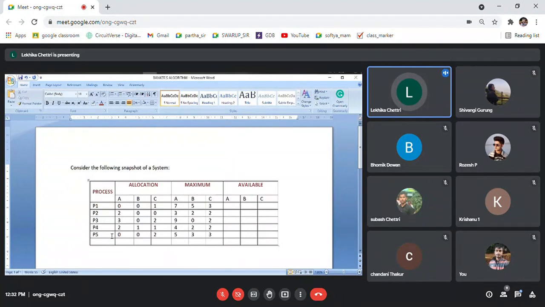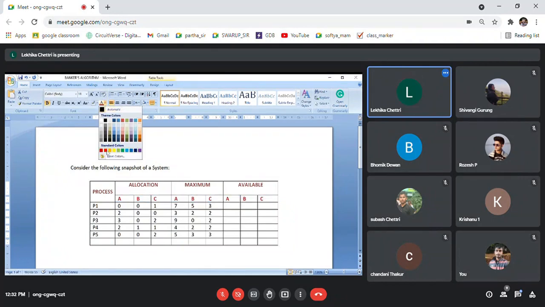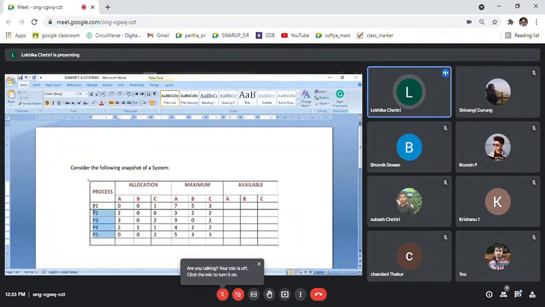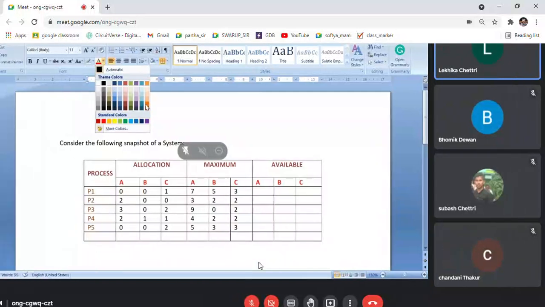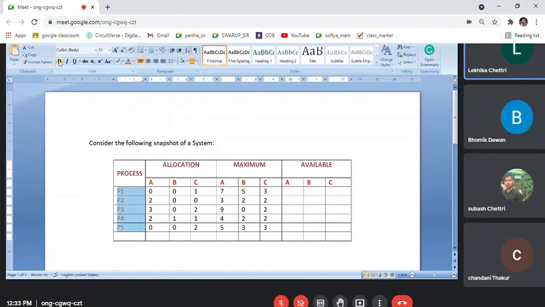Now these 5 processes are allocated some resources. Let's say I have 3 resources in my system: resource A, B, C. So I have 5 processes currently working in my system, and 3 resources.